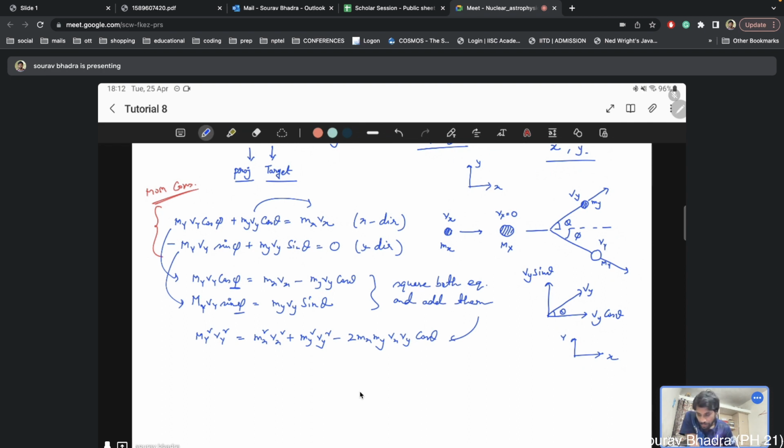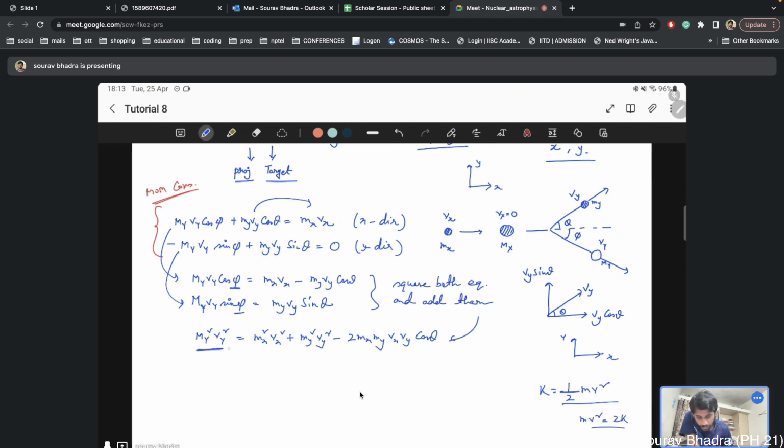Now we will use another notation, the kinetic energy, which equals half mv square. Whenever we get some mv square, we will write it in terms of kinetic energy K, so mv square is 2K.